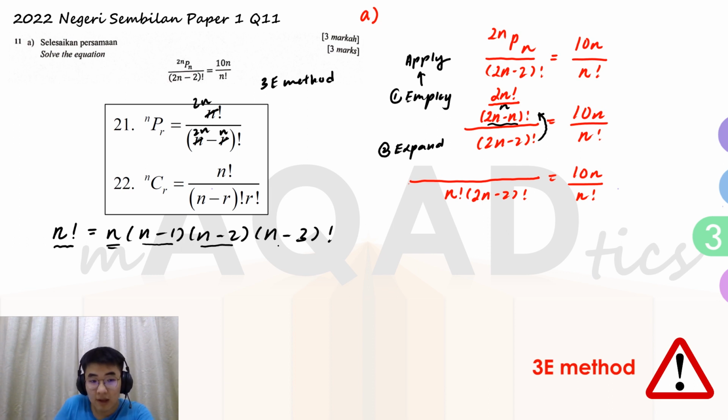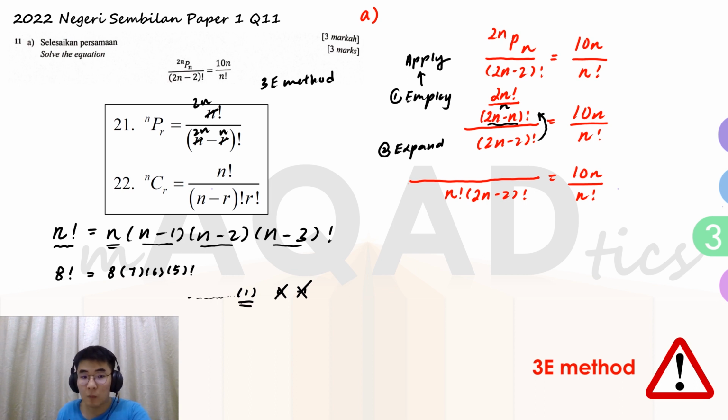We do minus 1 again, and so on. Let's give a numerical example. Let's say 8 factorial. I'll start with 8, and then for the next number we minus 1, and minus 1 again, and so on. Let's say I stop at 5. But the minimum value that you can stop at is actually 1. It is not 0 and it is not negative 1. 1 is the minimum value.